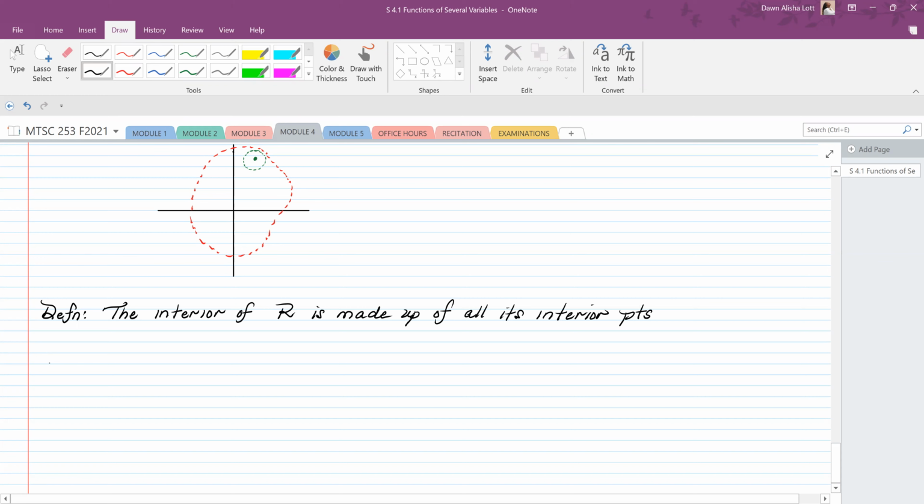Definition. The boundary of R is made up of all its boundary points.